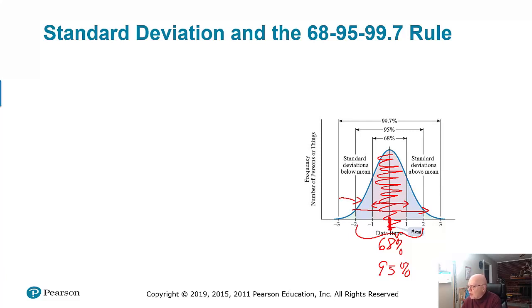If you go out 3 standard deviations both ways, then you've seen just about everything. 99.7% of all the people or things are within 3 standard deviations.